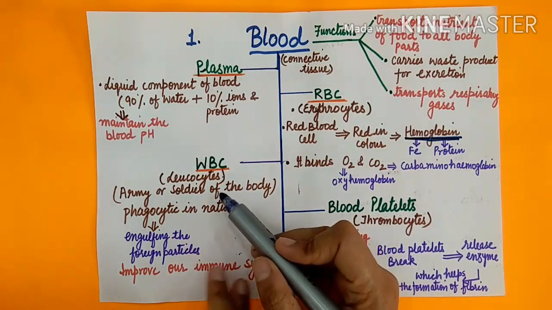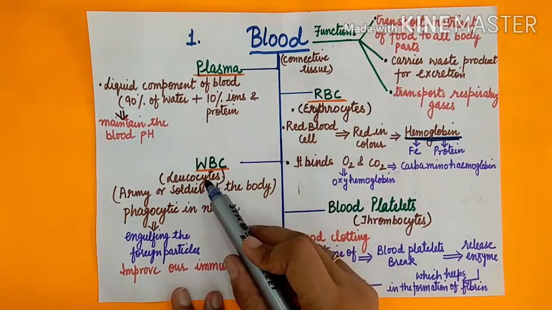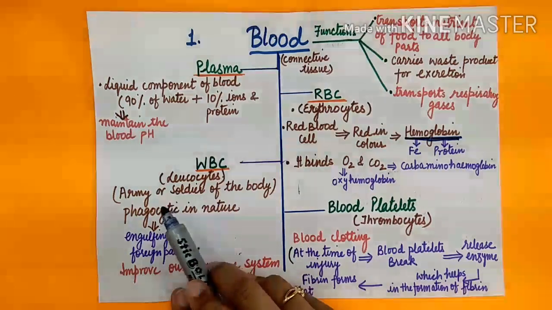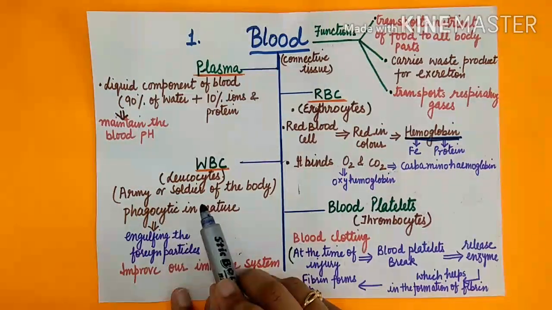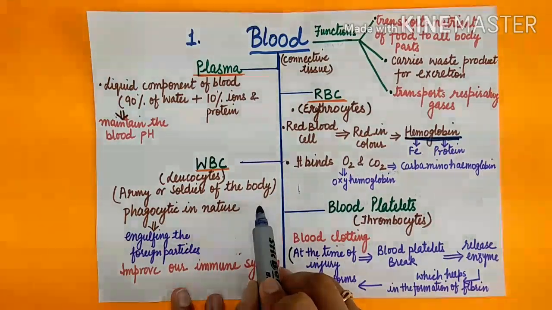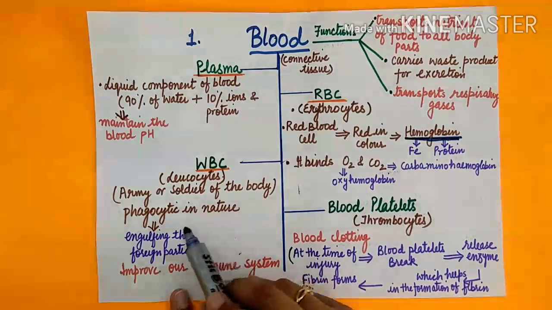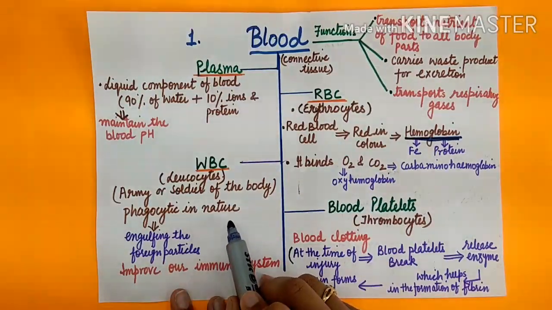Now let's take another blood cell, that is WBC. The other name of WBC is leukocyte, and it is called the army or soldiers of the body. Why is it called the soldier of the body? Because it is phagocytic in nature.